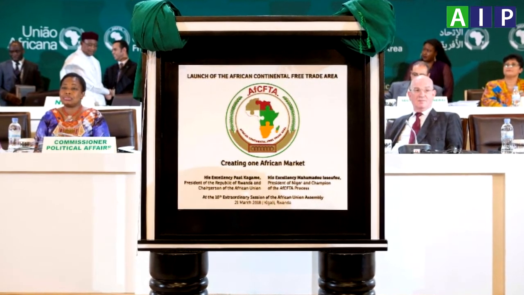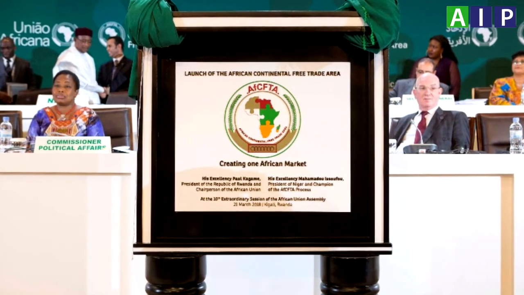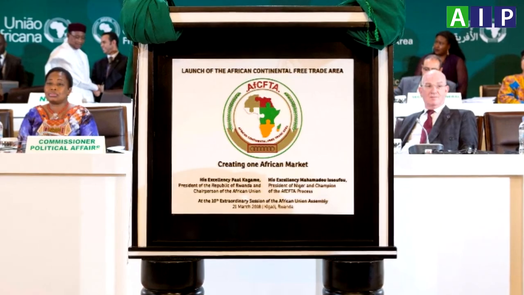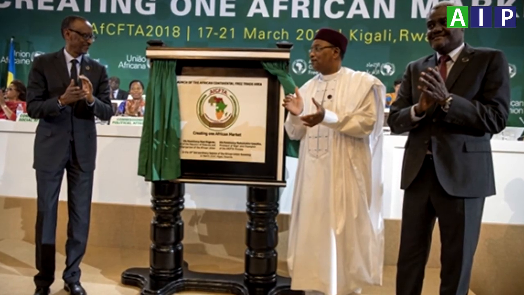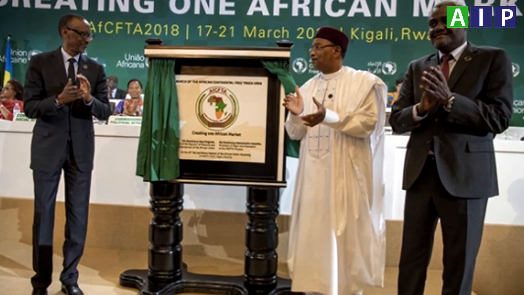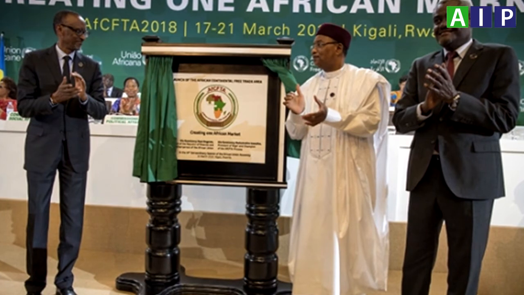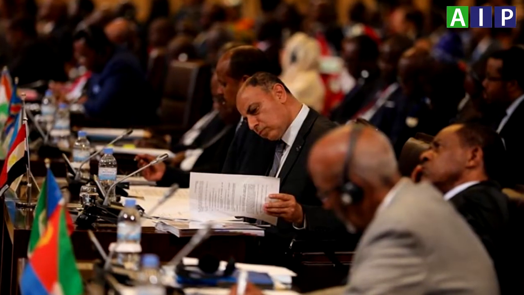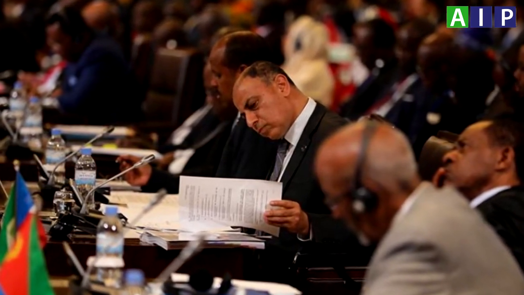We understand that this is not an event but a process, and we don't expect it to be fully understood in 1 year or so, but we believe that this is time for the general public to know and understand the AFCFTA agreement. This is time for stakeholders such as ministries of finance, revenue authorities to explain and do awareness campaigns for the general public to understand how they can benefit from this treaty.